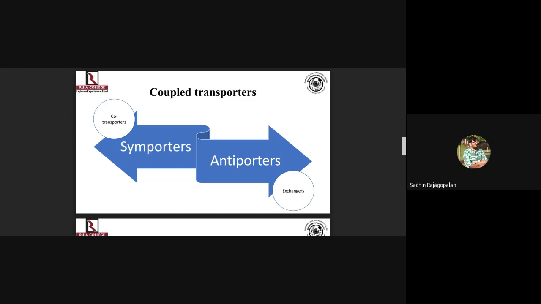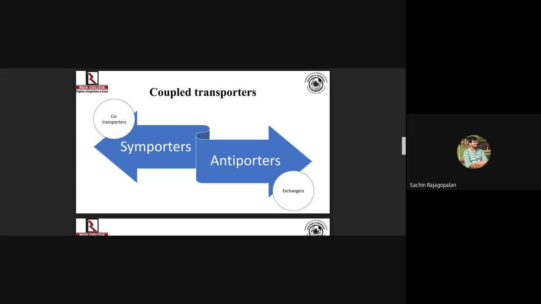So if A and B are two different molecules, symporters will have binding sites for A and B. Only when A and B both bind to the transporter will it change its configuration and open to the other side. Which means that if A is absent and B is present, still B cannot be transported into the cell. And even vice versa, it is true. Which means that for the transport to take place, the presence of both the molecules is required.